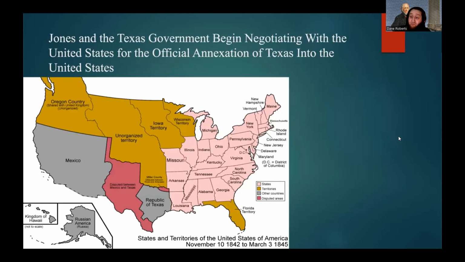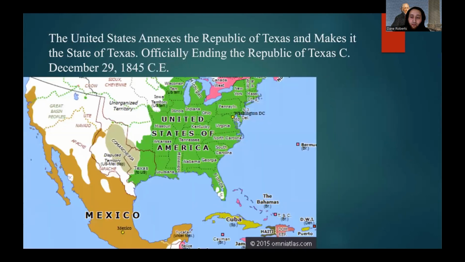And pretty much immediately after winning that election, Jones and the Texas government would begin negotiating with the United States for the official annexation of Texas, with the United States officially annexing the Republic of Texas and making it the state of Texas on December 29th, 1845 CE, officially ending the Republic of Texas.